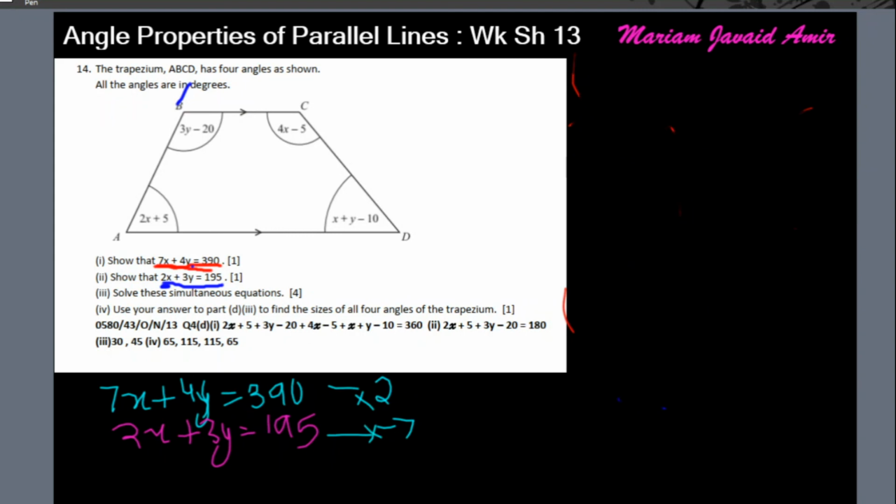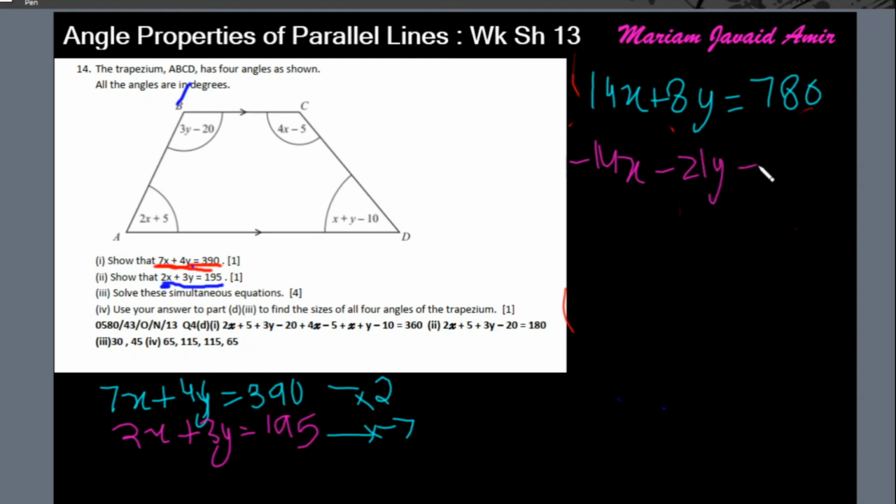So the first equation becomes, by multiplying it by 2, 14x plus 8y equals 390 times 2, which is 780. And the second equation, when multiplied by minus 7, gives minus 14x minus 21y equals 195 times 7 is minus 1365.